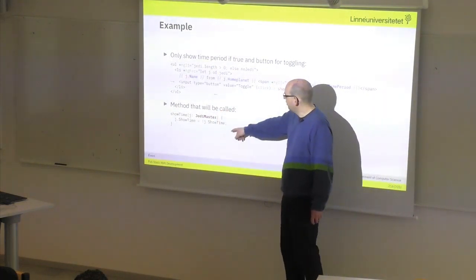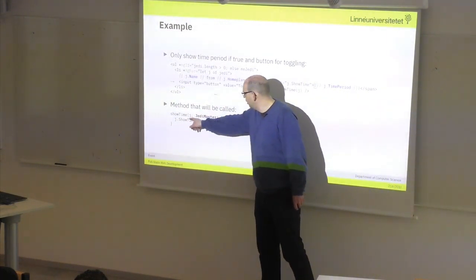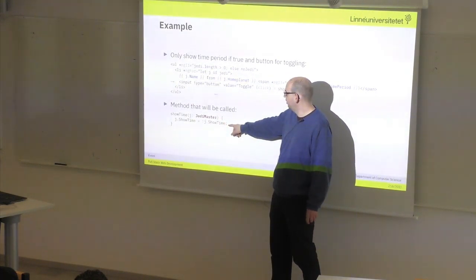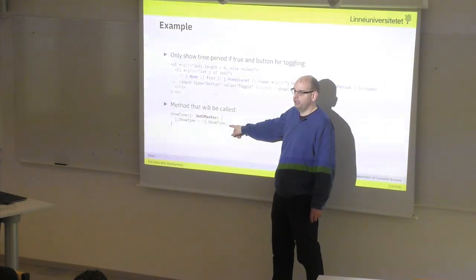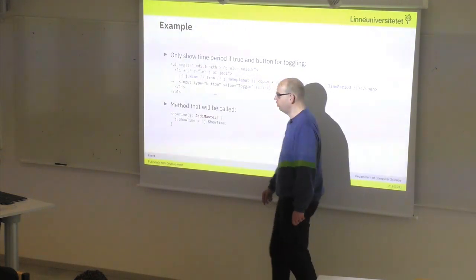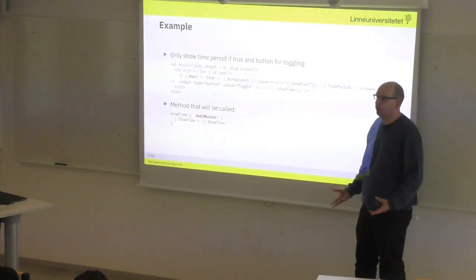The method that we're going to call is this one, show time, which takes a Jedi Master and it just changes the show time. So it will be false to begin with, but if we call it, it will change to true, like this. And how do we add this?